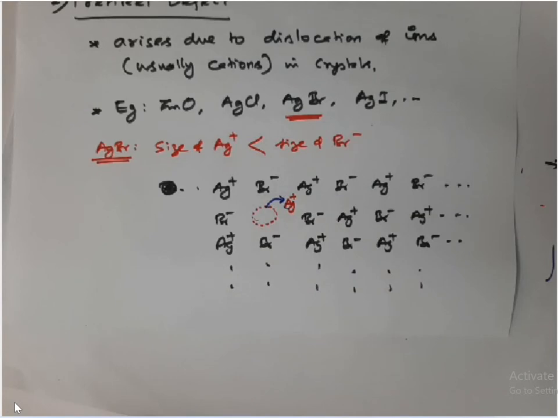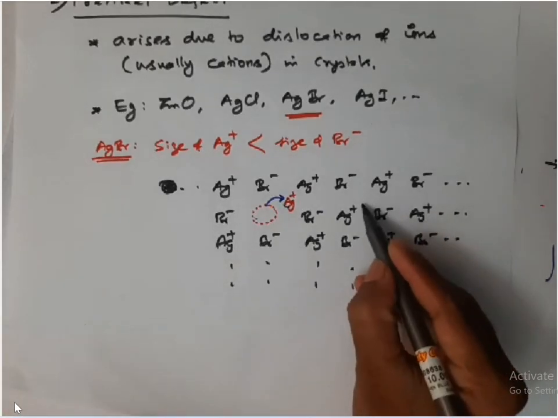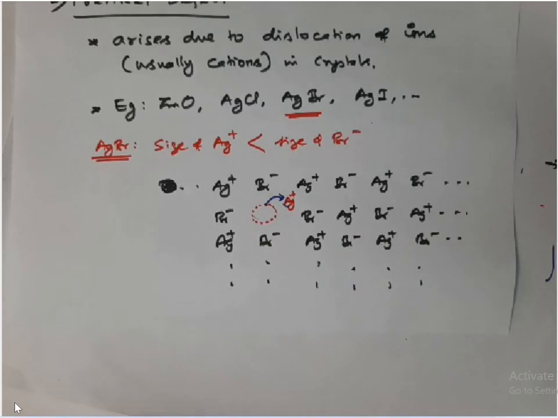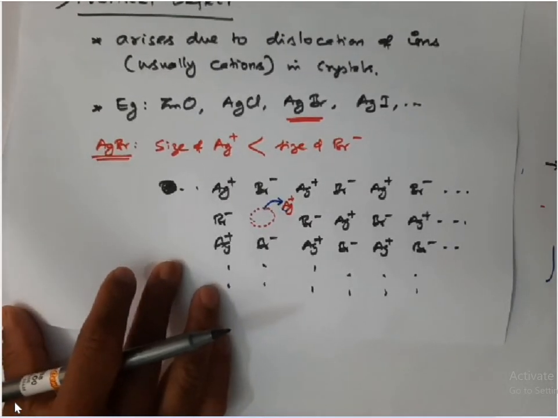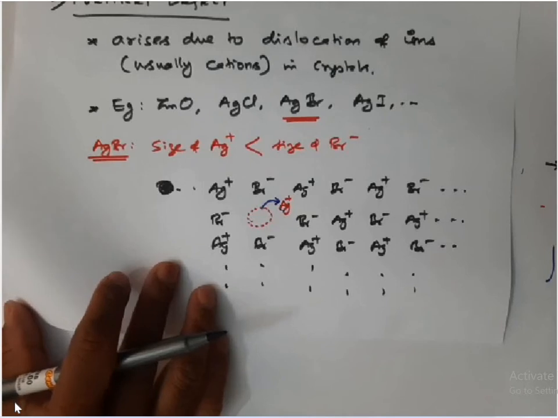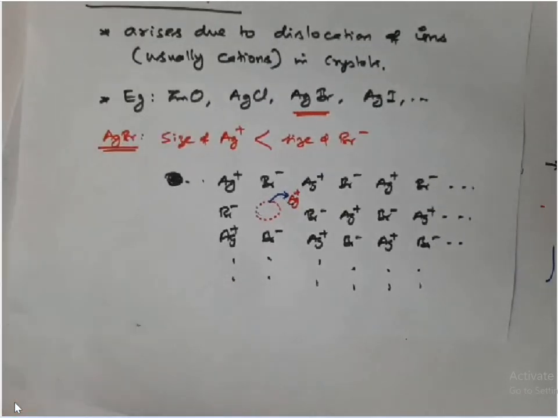Positive charge. Assume that I have a bromide ion also occupying an interstitial position equally. So the charge remains neutral. What about the density? Increases. Density increases. Students, listen carefully. If only interstitial defect is present, density is supposed to increase.